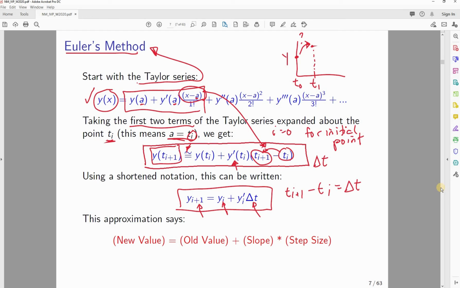So this is in shorthand notation, but effectively it's the same sort of thing, and it's assumed that we understand this is just an approximation, and so we've even dropped that little tilde above the equal sign as well.